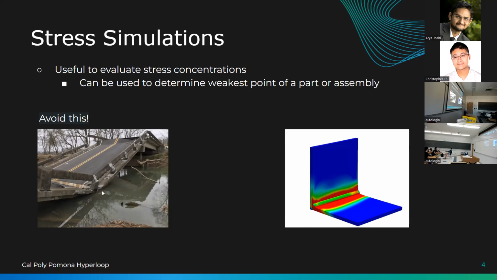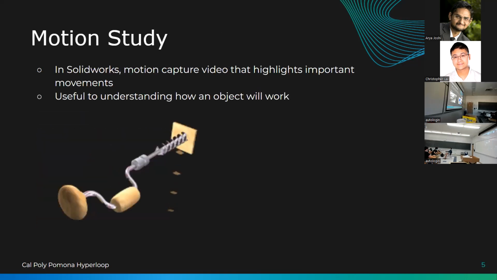And on the left, you can see what can happen when there is overexertion of stress, more than what the system can handle. It can lead to catastrophes. And that's not just in the case of construction, but in the case of automobiles and even a Hyperloop pod.